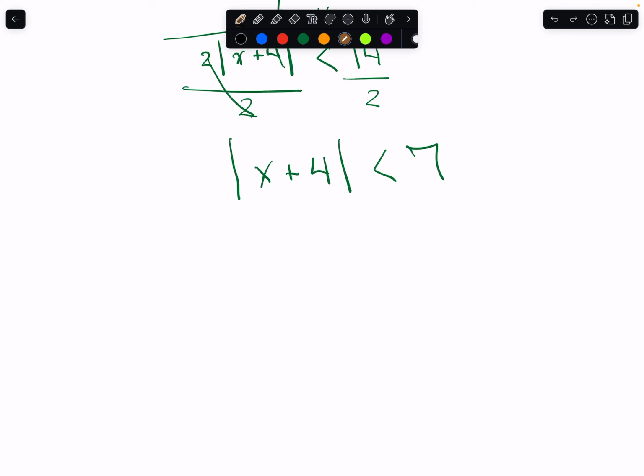With our and statement, we both have our negative, so I'll mark it here. It's negative 7. And then you have the positive. So 7 becomes both a negative and a positive.